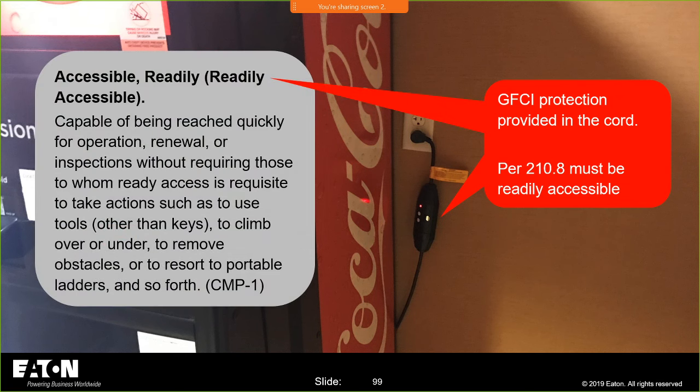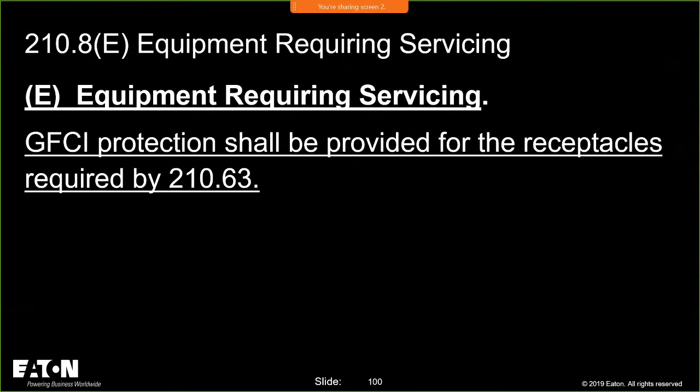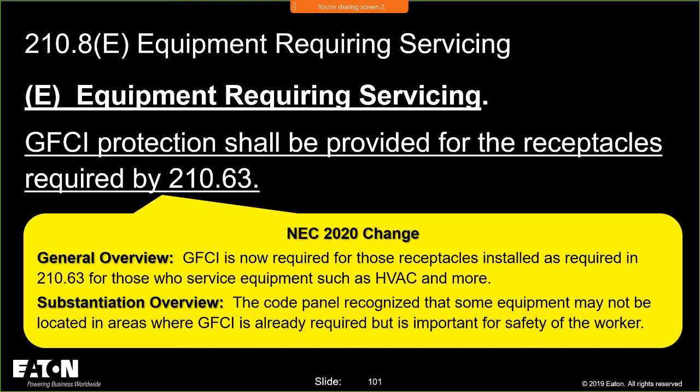So readily accessible, again, that's the challenge for that. Equipment requiring services, so 210.8(E), this is an area where we made some recent changes in the 2020 cycle. GFCI protection shall be provided for the receptacles required by 210.63. If you think about it, a lot of this equipment is probably in a basement, which already requires GFCI protection. It might be outside, which already requires GFCI protection.